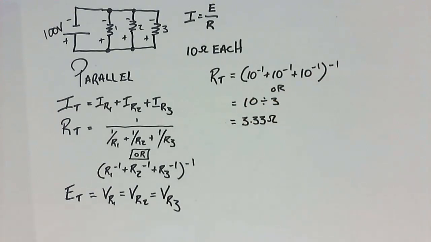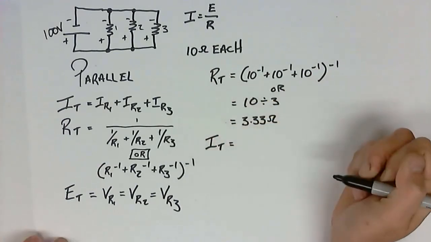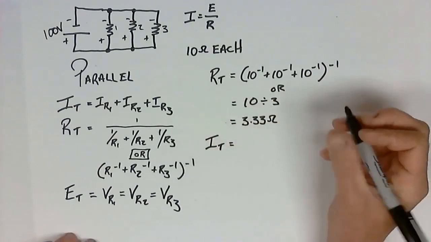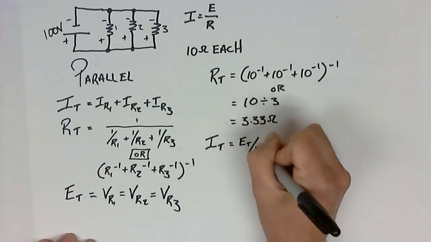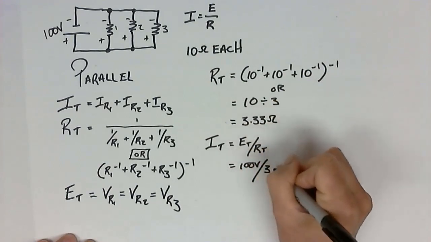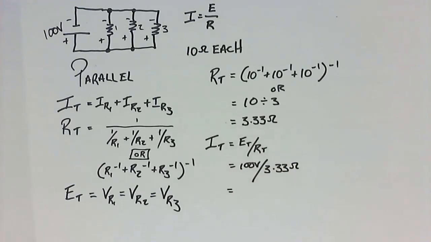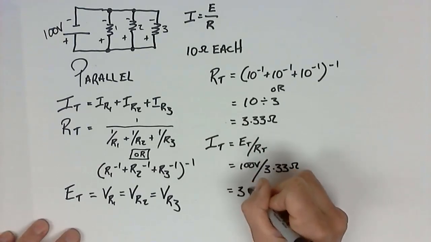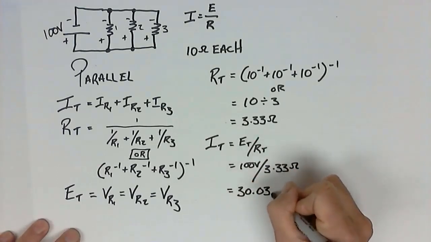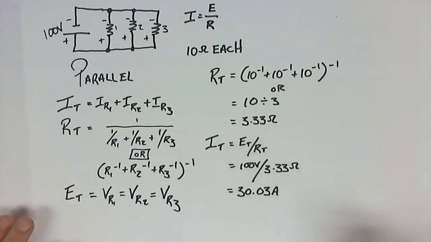If we wanted to then use that resistance and calculate the total current, we are using Ohm's law, E total over R total, which means 100 volts divided by 3.33 ohms. So 100 divided by 3.33 ohms gives me 30.03 amps.